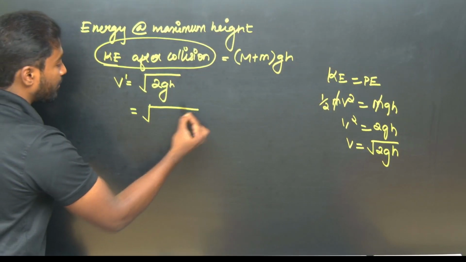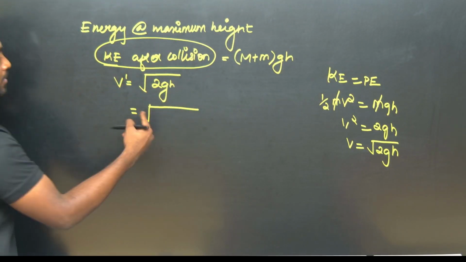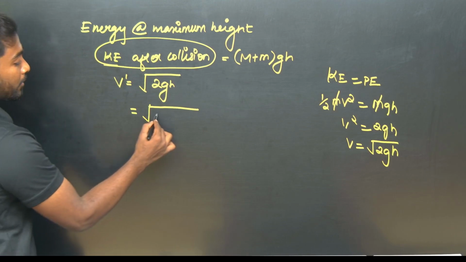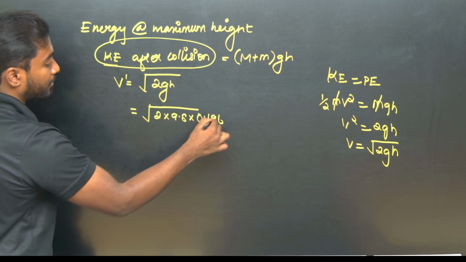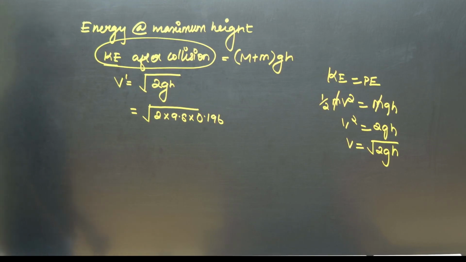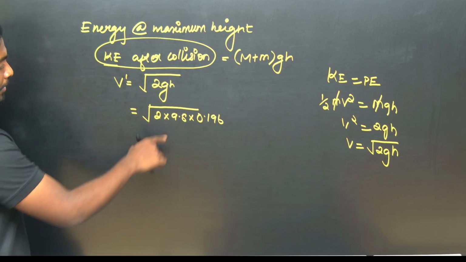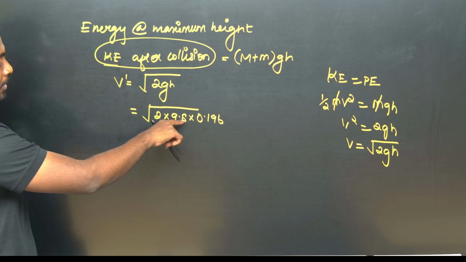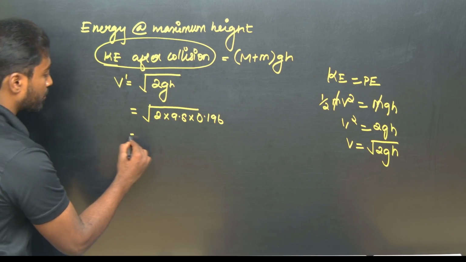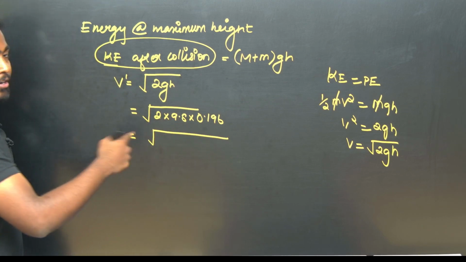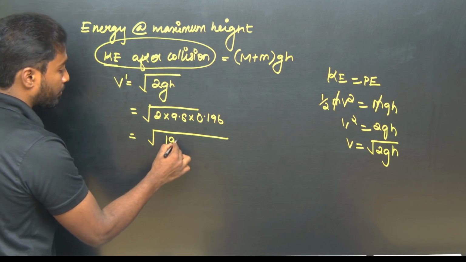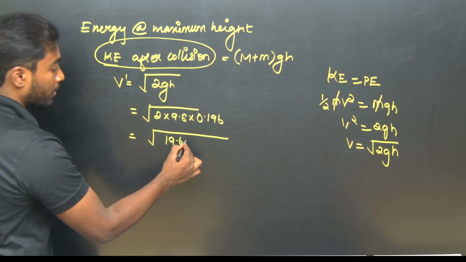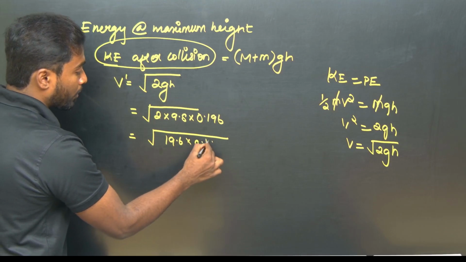Okay, so in this, what can I find? The final velocity, right? So what is the final velocity? Here 2 into 9.8 into 0.196. So under root of 9.8 into 2 is 19.6, right? 19.6 into 0.196.